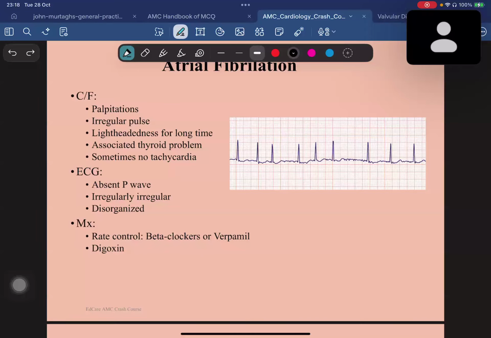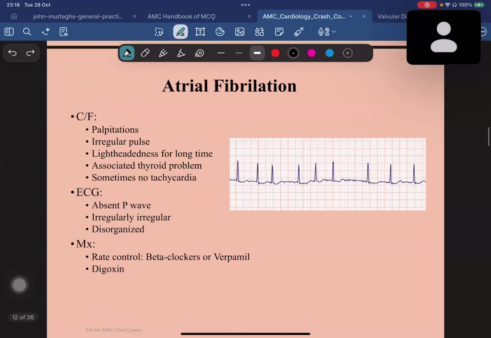You could give a beta blocker or verapamil, or you could just go with digoxin as well. So with these arrhythmias, I would say, rather than remembering all these pinpoint clinical features, try to remember the ECG points. I feel like that's the best way to ace these arrhythmia questions.